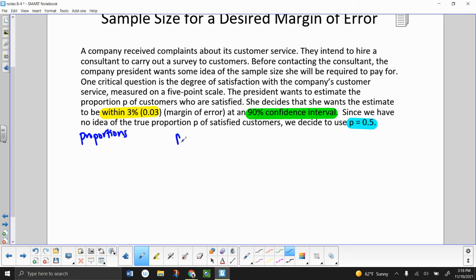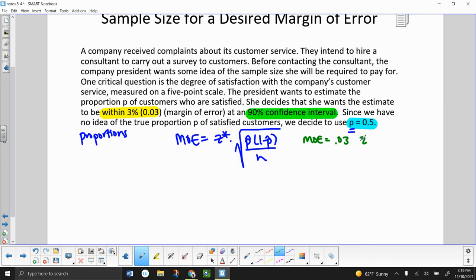And we know to calculate our margin of error for proportions, we always use Z star times the square root of P hat times 1 minus P hat over N. However, in this problem, we're given P, so we're just going to substitute that in. They do give us our margin of error, and we make sure we write it as a decimal: 0.03.